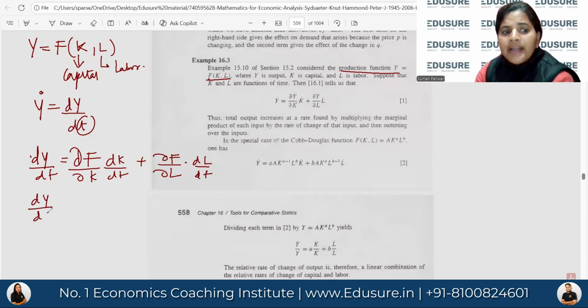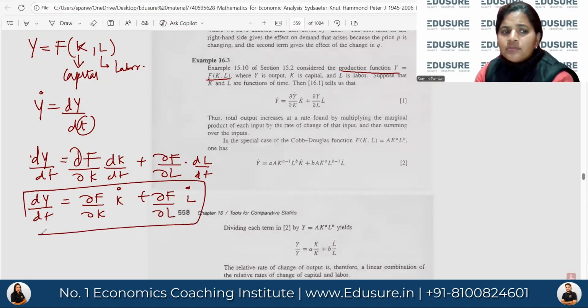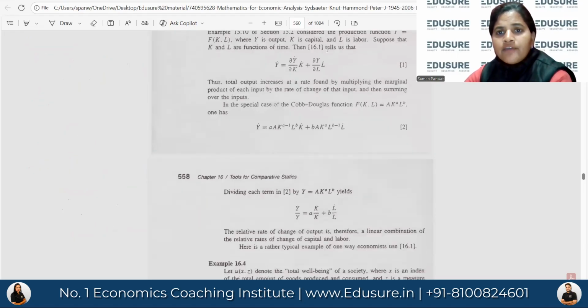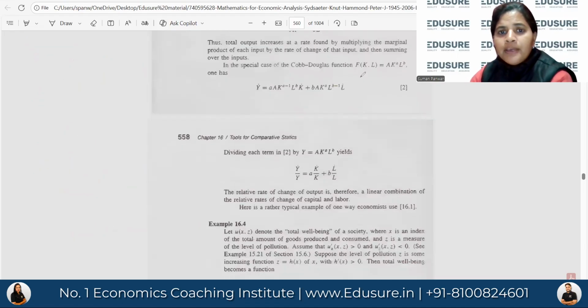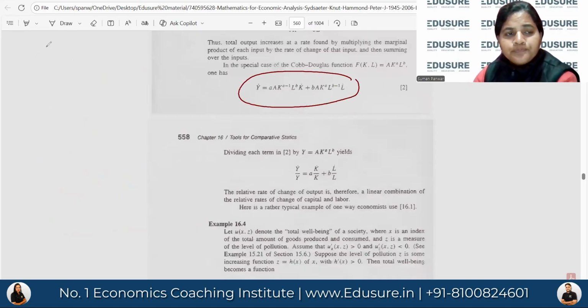So dy by dt is del f by del k, k dot, plus del f by del l, l dot. Okay. So this is how we deal with these kind of functions. Now in a special case of the Cobb-Douglas function, where f(k, l) is A k^a l^b, we are able to get this expression. Let us see how.